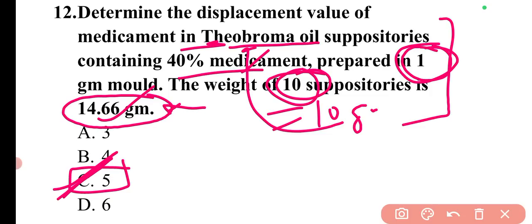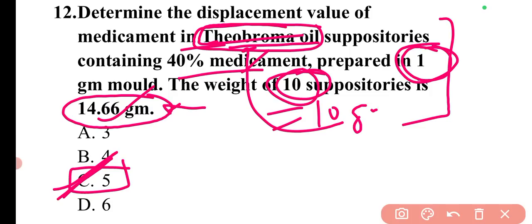The next step is to find what amount of theobroma oil will be displaced by the amount of medicament. So we find the total amount for the theobroma oil alone, then subtract the total amount of theobroma oil already present.